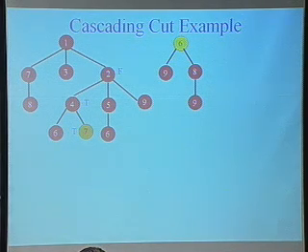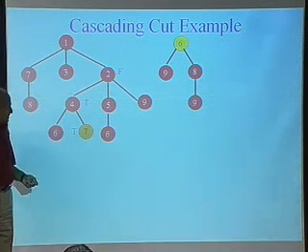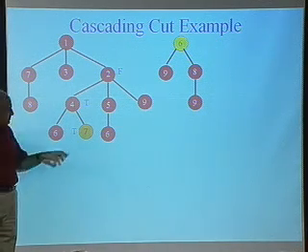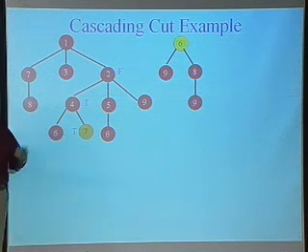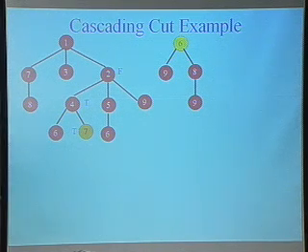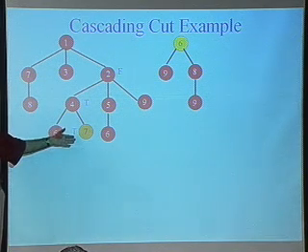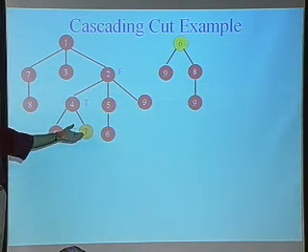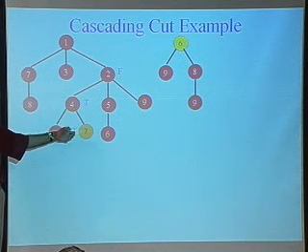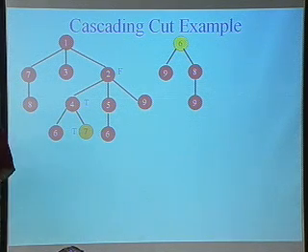Again, it has to go back to the proof. If you look at the proof carefully, you'll see that you can extend the proof so long as these fellows lose only a constant number of children. So instead of keeping a Boolean value here, I could keep a counter 0, 1, 2. If it has become 2, then I cut it off, or if it becomes 3.